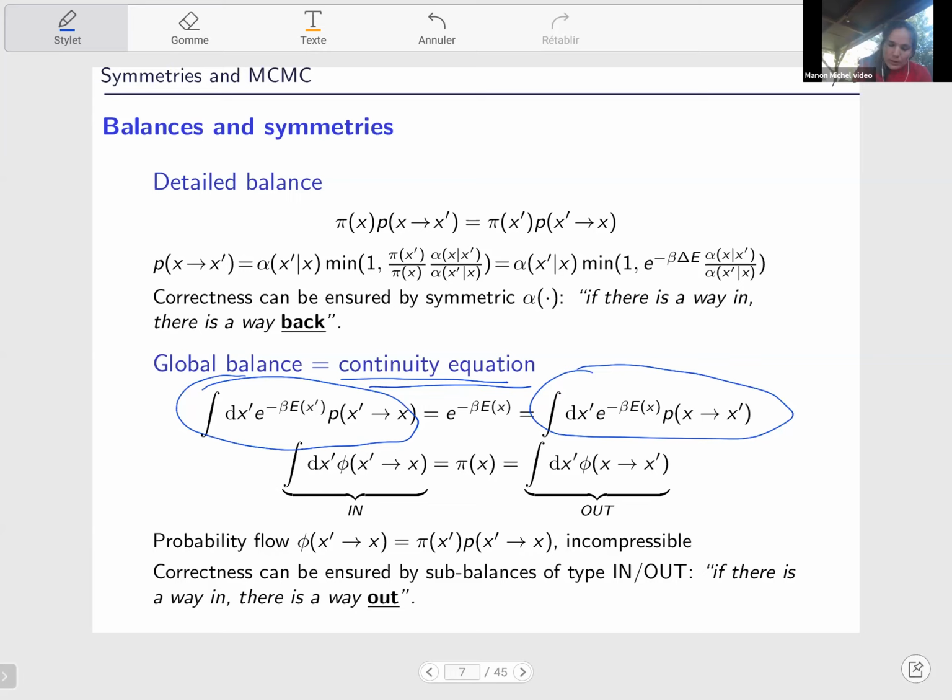And the difference is that detailed balance in reversible schemes is: if there is a way in, there is a way back. Whereas global balance would be: if there is a way in, there is a way out. So meaning that you're in X. If there is a way into X, then there is a way out. And so this is different from the picture of going back and forth of detailed balance.